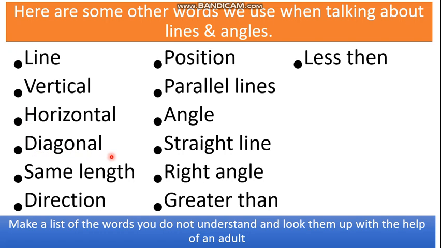Next word here we have is diagonal. So diagonal, it's different to vertical and horizontal, it's kind of in the middle. So it's a line that goes from the corner of something to another, but it's not an edge either. So in a square you have edges all around that go from corner to corner, but internally you can have a diagonal line going from one corner to another.